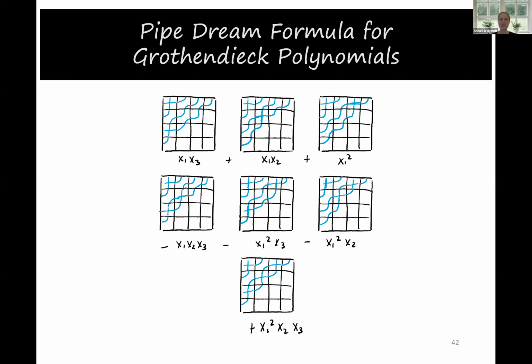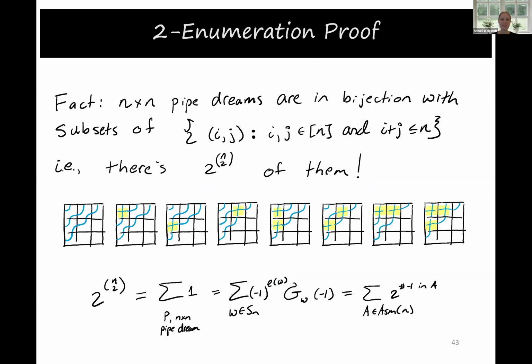And then there's a different pipe dream formula for Grothendieck polynomials, where each pipe dream contributes exactly one monomial to a Grothendieck polynomial. The idea is that n by n pipe dreams are in bijection with subsets of this triangular grid. In other words, there are 2 to the n choose 2 of them.